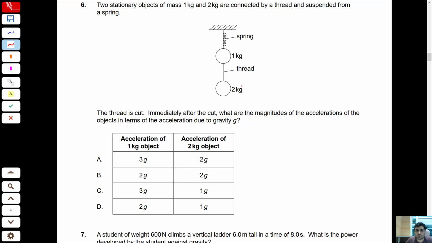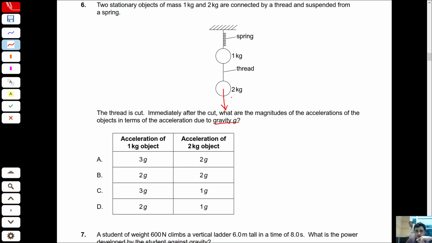Now let's talk about this 2 kg mass. So there's a weight acting on this 2 kg mass downward. So actually what he's asking us for is to find acceleration in terms of the acceleration due to gravity.